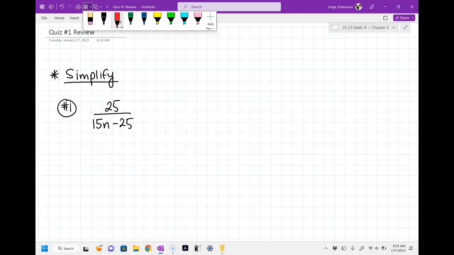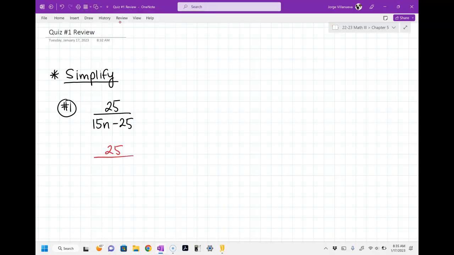Then I go back to the bottom and I ask the same questions. Does the bottom have something in common? And right there we say yeah, right? So the top is just 25 over 15, and 15 and 25 have a 5 in common, right? So I'm going to take out a 5 and I can factor out the bottom. Now if I take out a 5 from 15, I get a 3, so it's 3n minus, and a 5 from 25 would be 5.